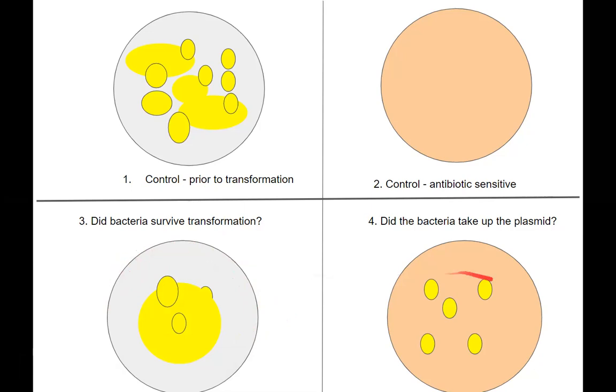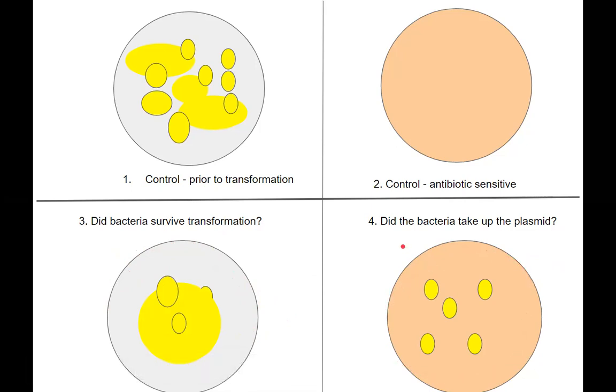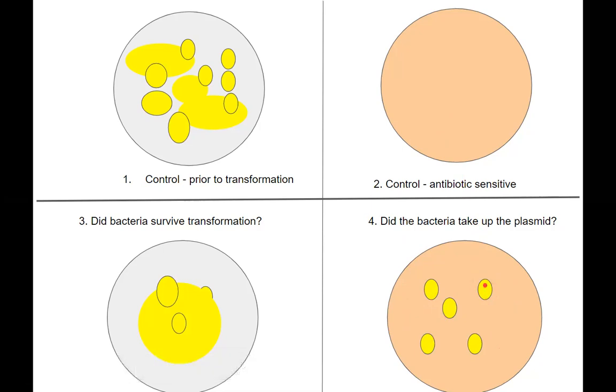Now, on this last plate, what we're going to do is check to see, did the bacteria take up the plasmid? And this plasmid, or the gene, was for antibiotic resistance. So this plate has antibiotics. That's why it's the same color as this one. And what you'll see is that you do have some colonies on this plate. Now, the reason why you have colonies is because now the bacteria has taken up the plasmid and is resistant to the antibiotic.